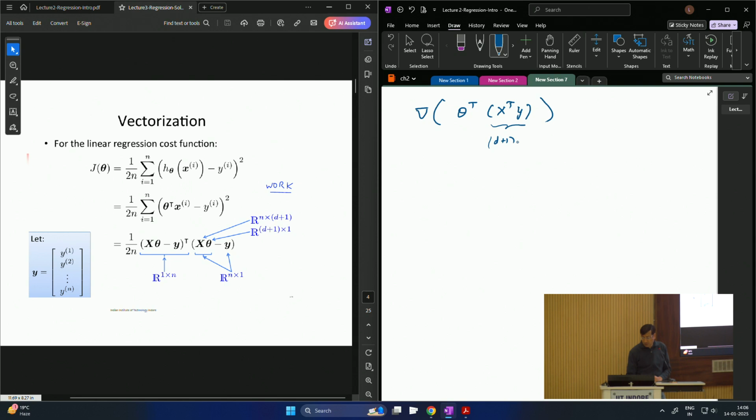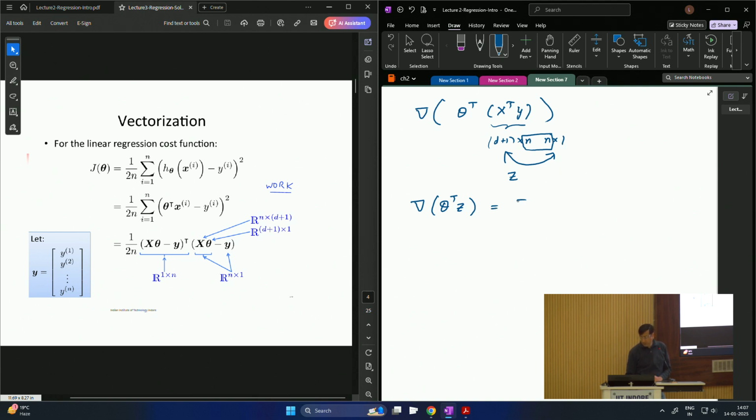D plus 1 cross n, n cross 1. So d plus 1 cross 1. So it's a vector. Let me call this a vector z. So what I'm trying to do is gradient of theta transpose z. All this is bold, by the way. They are vectors. So just keep that in mind.